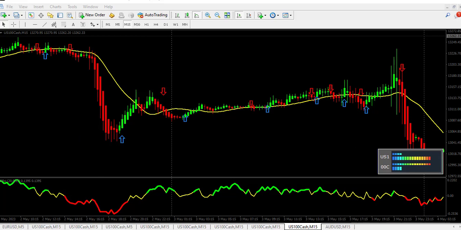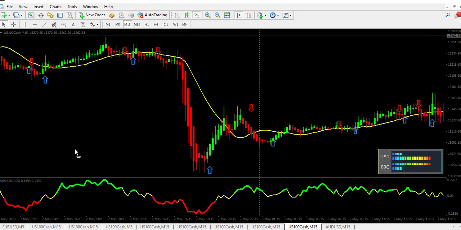Let's look out for another set signal, which is the opposite of what I just explained. At this particular point, we have the RSI indicator turned to red, and here we have this arrow also, and the candle did close below the moving average, and this is the right point to place our trade for a sell.